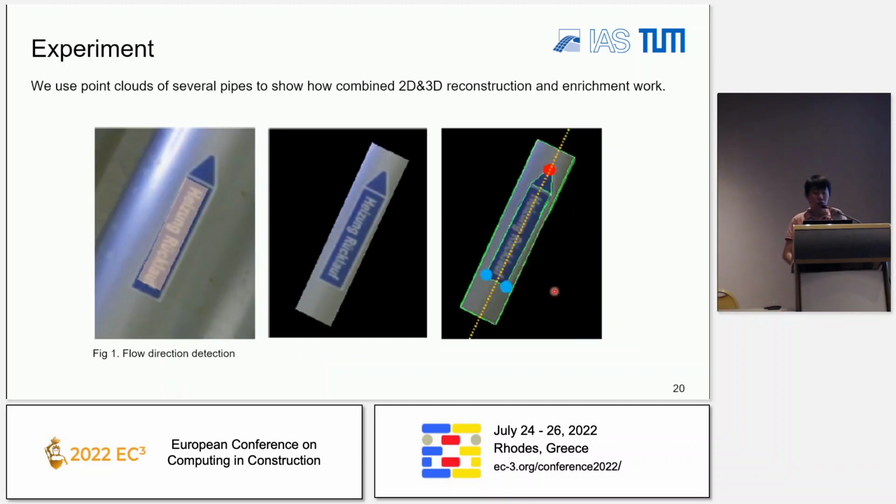So the second enrichment is that we extract the shape of labels here. We just apply a simple edge detector to detect edges and determine those arrow directions. For those arrows, for example here, the arrowheads are always in the middle, and therefore we can determine the direction of this arrow, which also shows the direction of the fluid inside the pipe.